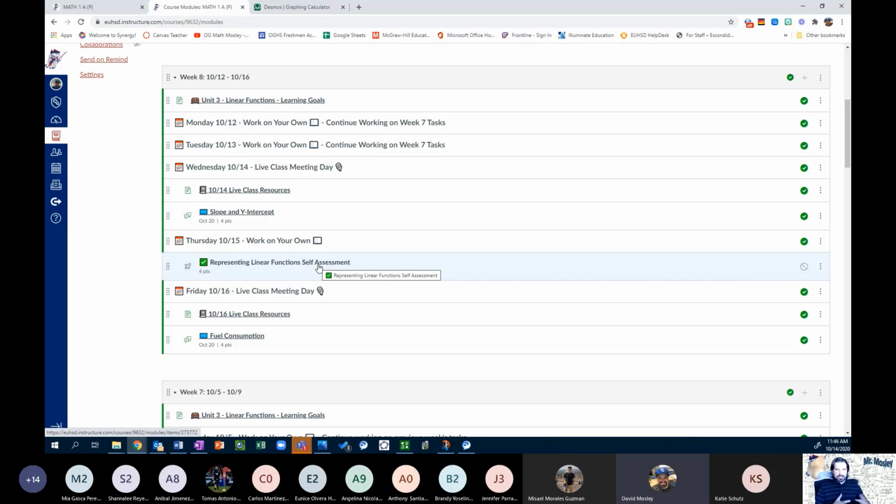But the self-assessment is one of the assignments that has the most weight towards your grade. So you have to do this assignment. If you do not do this assignment, it will hurt your grade. Okay, and I'll explain exactly what this assignment is and how to complete it on Friday. You'll have over a week to work on it.